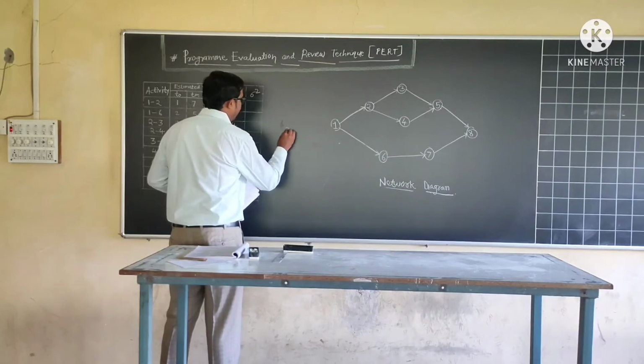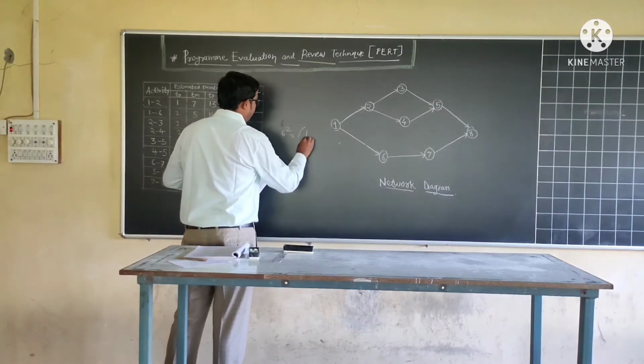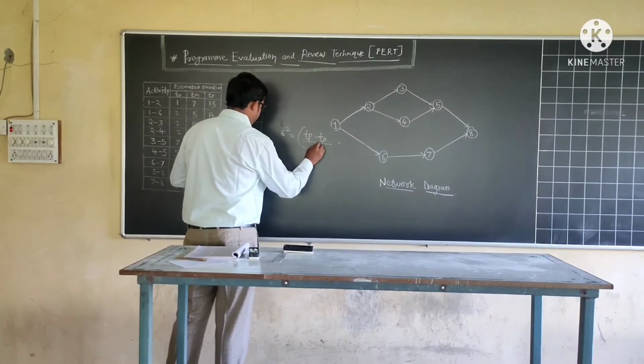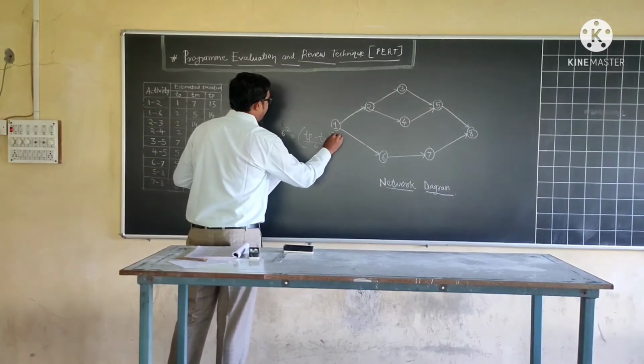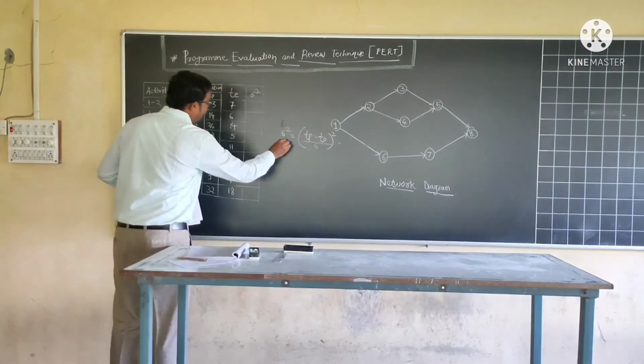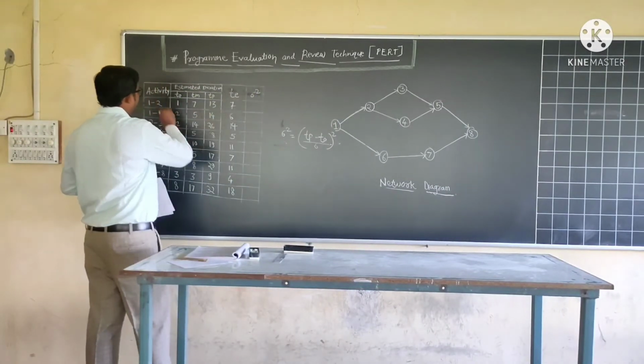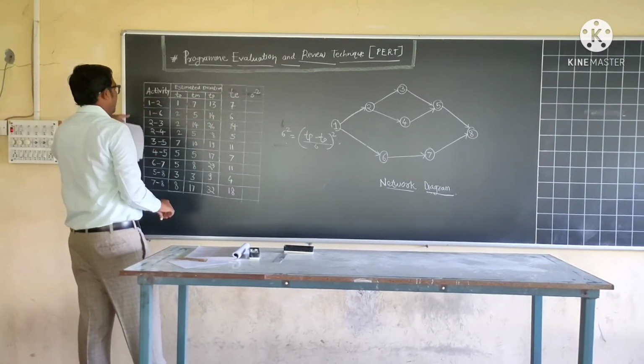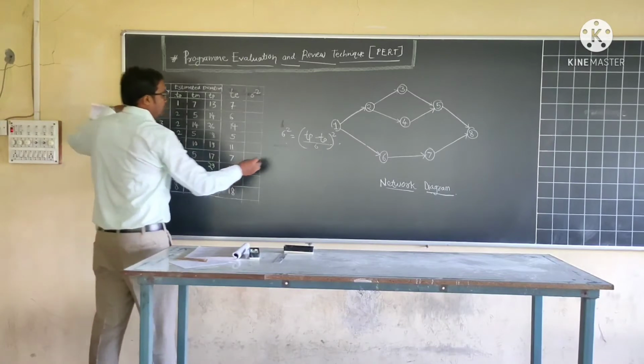Sigma square is equal to TP minus TO divided by 6, all in brackets squared. Use this formula to calculate the sigma square value for each and every activity. For example, activity 1 to 2.